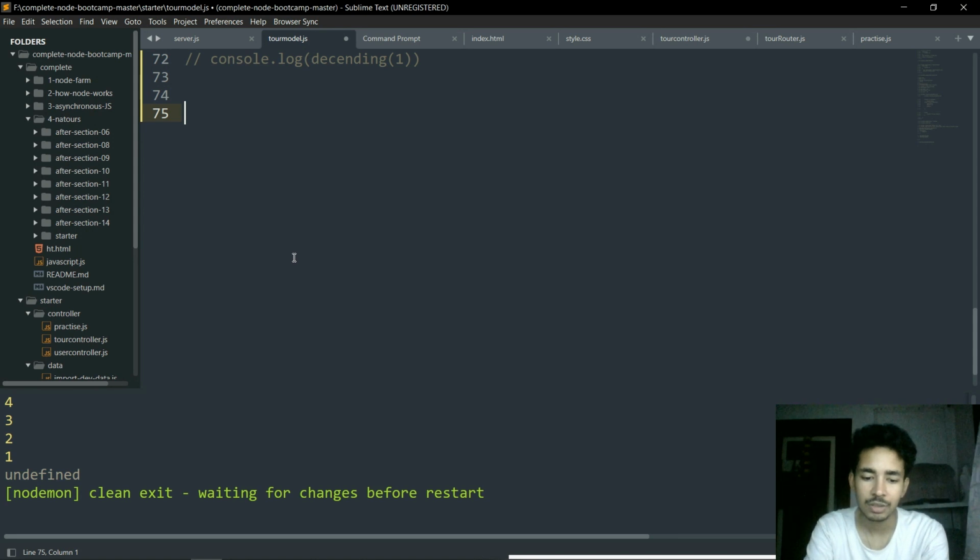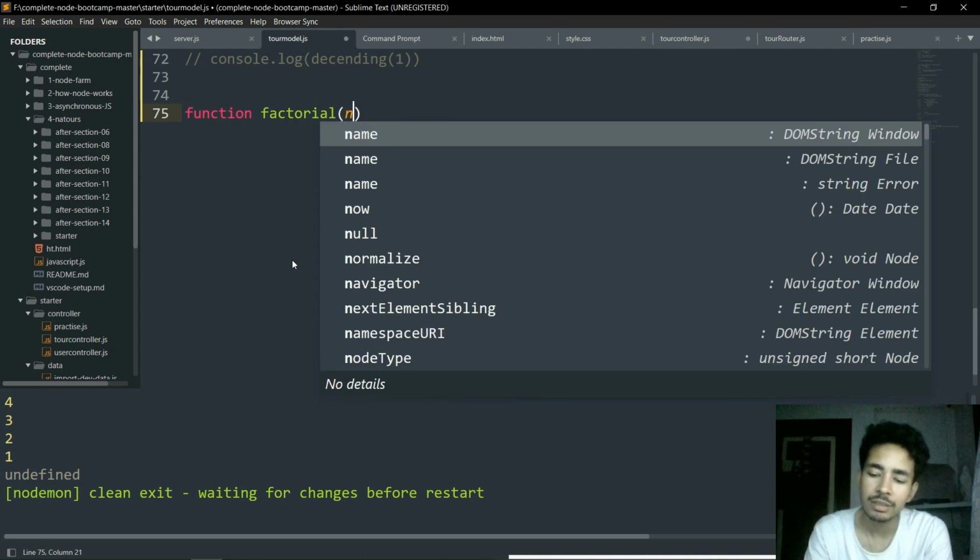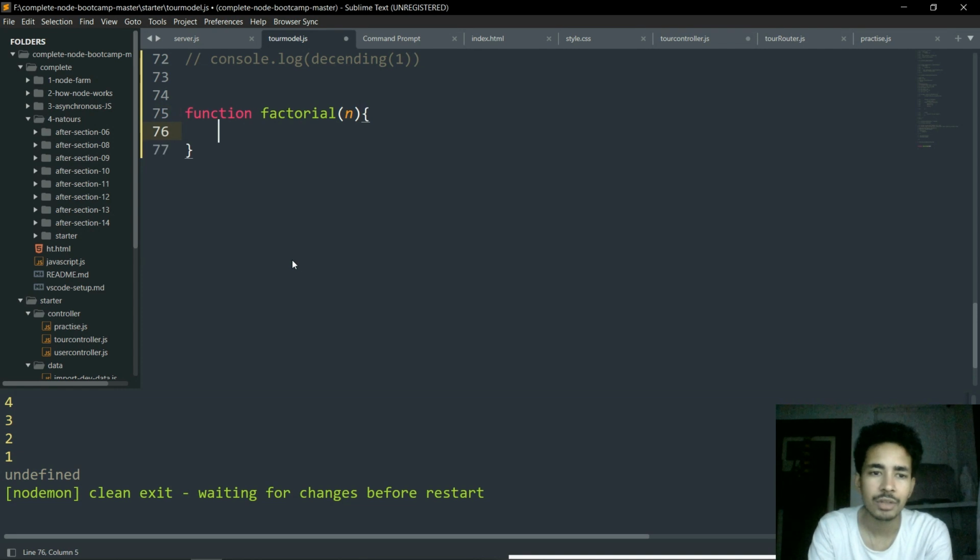I have a function named factorial, and in that I'm passing one parameter, which you can assign whatever name you want to give.